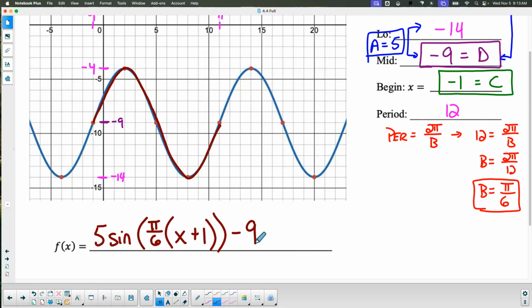Is that the only sine function that we could have come up with? No? Come up with another one. Another sine function for this curve.